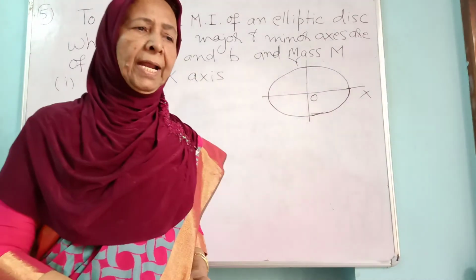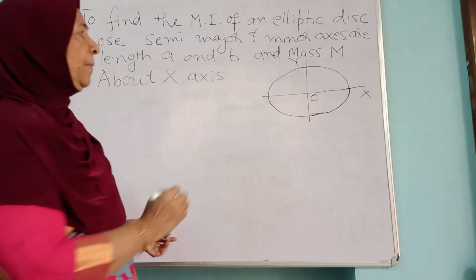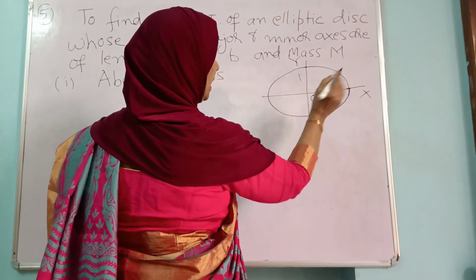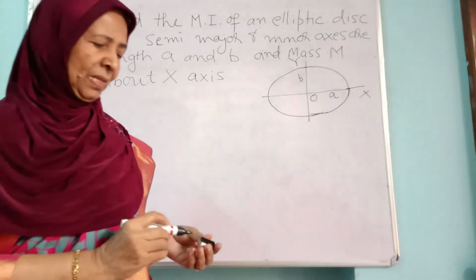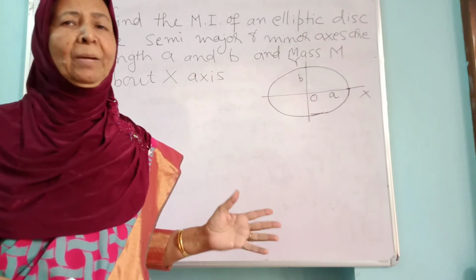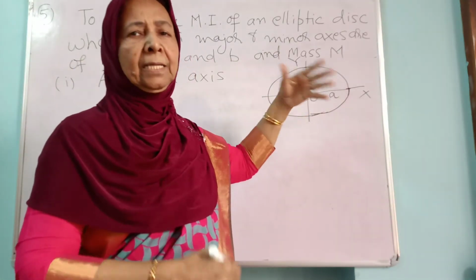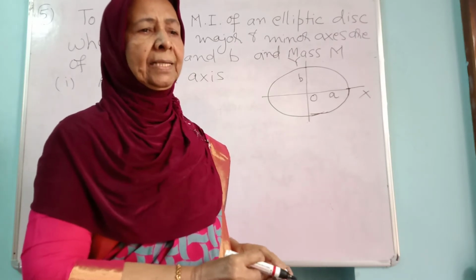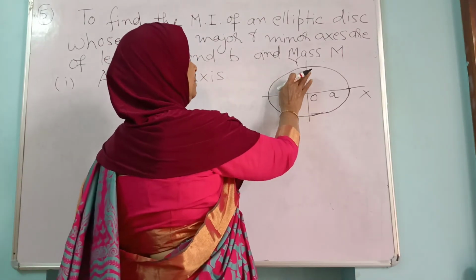So we want to find the moment of inertia of this elliptic lamina about the x-axis, whose semi-major axis is A, semi-minor axis is B. Of course, there can be a number of methods. One method is to take a small element dx dy and do the double integration, but I found that the method which I am going to do is simpler.